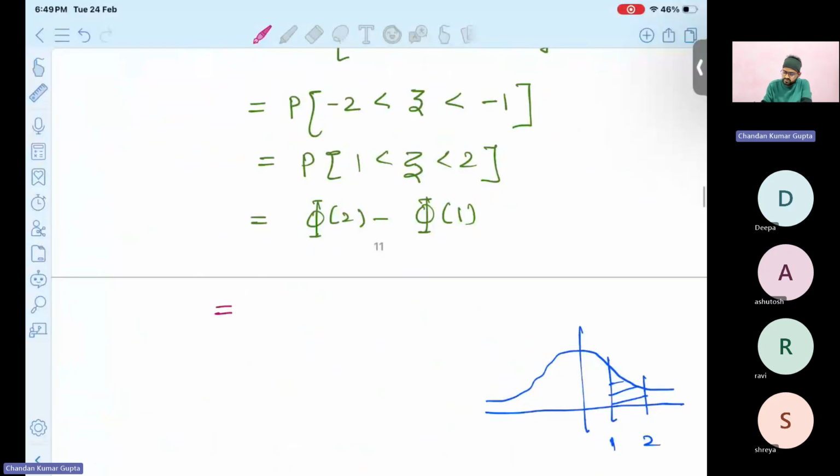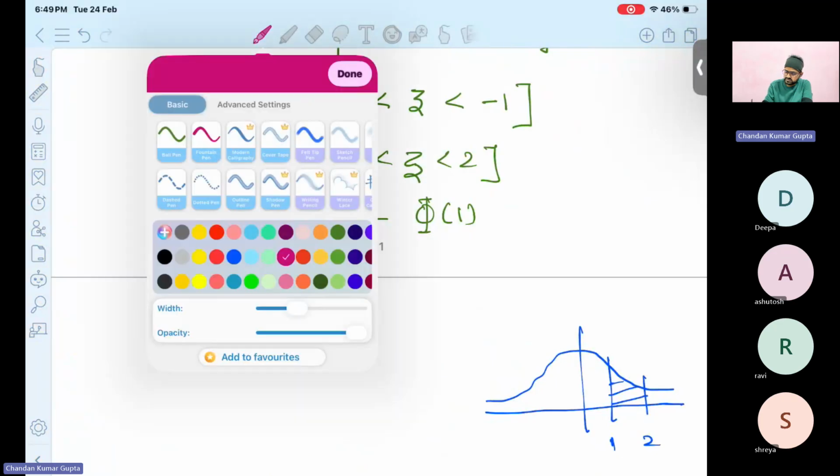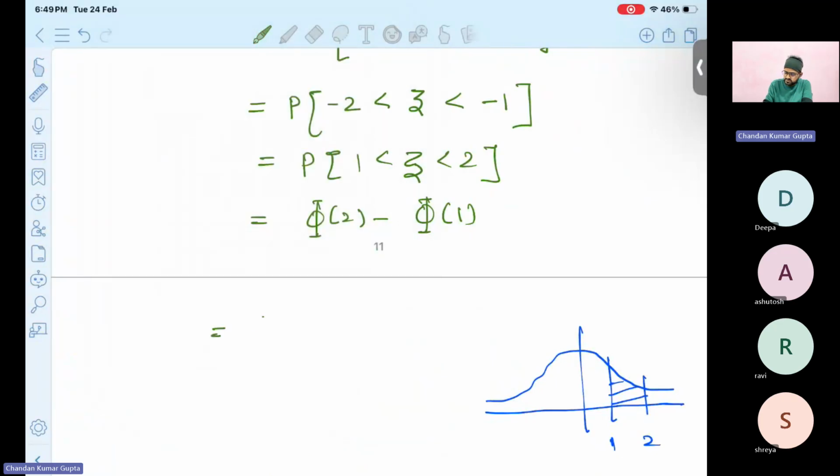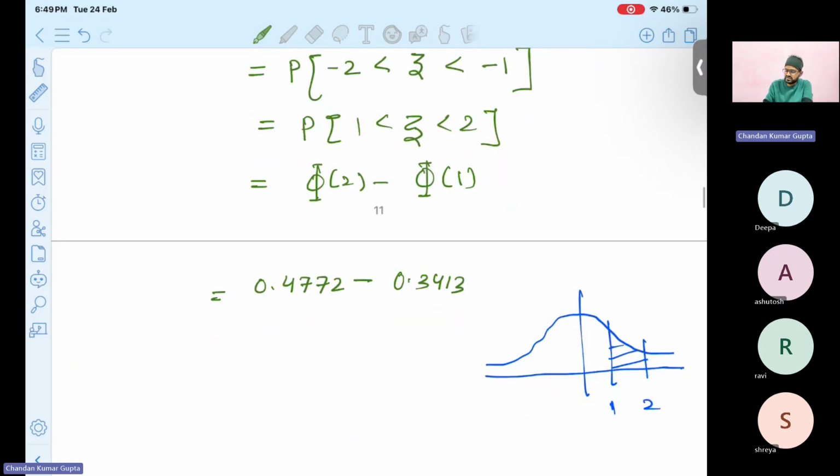So phi 2 is 0.4772 minus phi 1, which is 0.3413. The difference, which is the same as from the curve or graph, is the required probability.